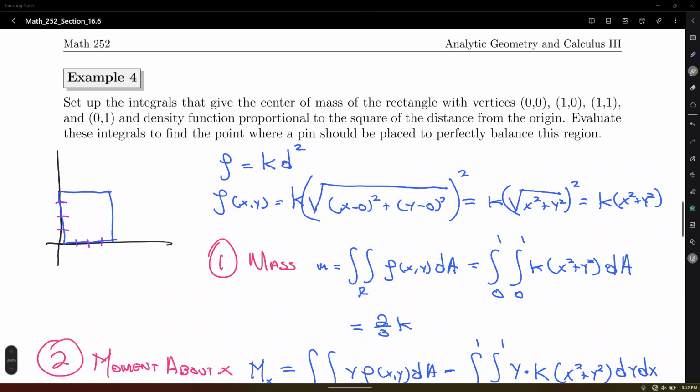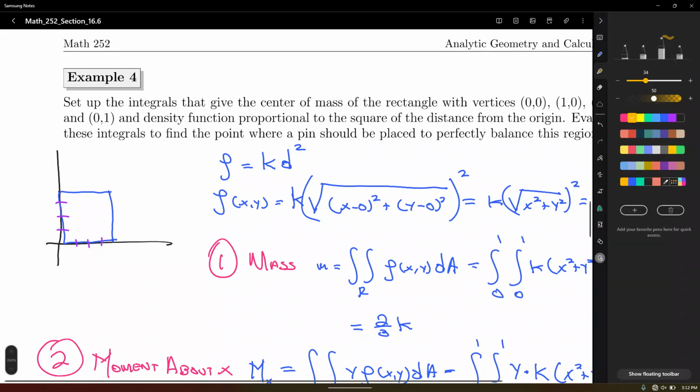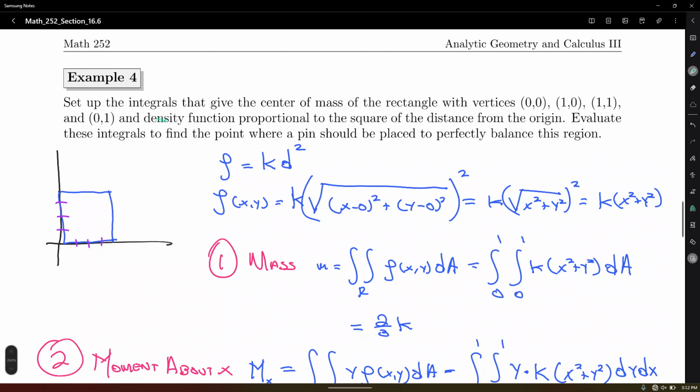And the density function, be careful, because sometimes density functions will not be given by some rho of xy equals a polynomial or an exponential or whatever that is. They will be given in a more cryptic way. All right, so the density function is proportional to the square of the distance from the origin. Evaluate the integrals to find the point where a pin should be placed to perfectly balance this region.